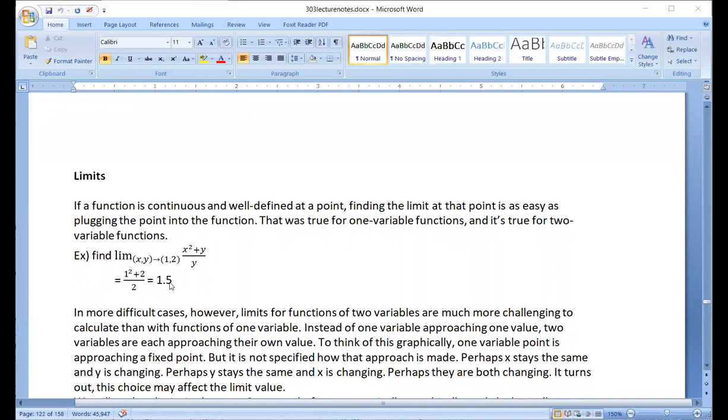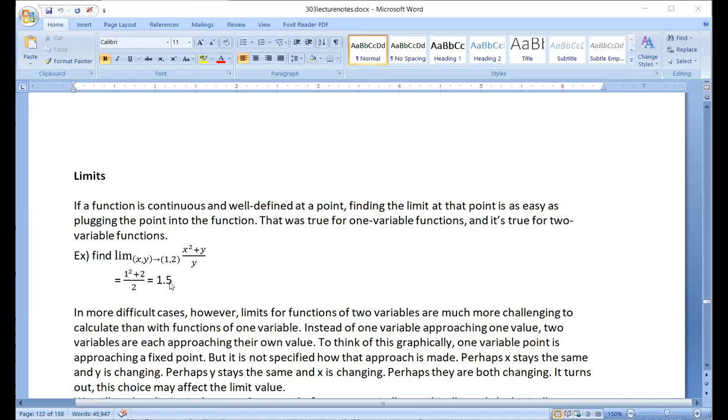All right. So in the hard case, what do we do when, as is typical with limits, you can't just plug it in? Limits for multivariable functions are going to be much harder, and here's the reason.